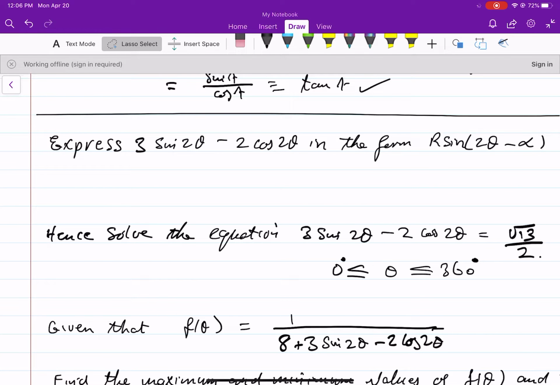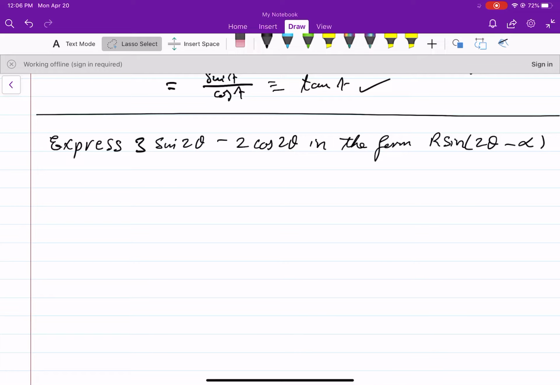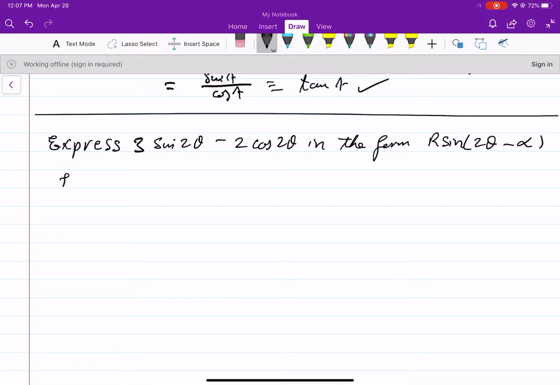Let me open up some space at the bottom as well. So we'll start by saying let 3 sine 2 theta minus 2 cos 2 theta be equivalent to r sine of 2 theta minus alpha.